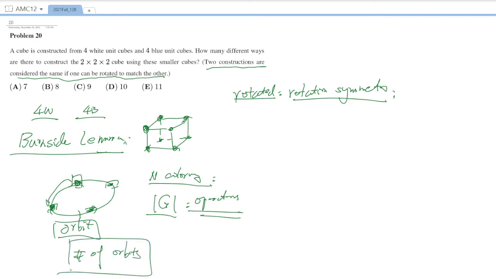Burnside's lemma basically tells us, for each element here, there are some operators, for example operator 1 and operator 2. Based on operator 1 and operator 2, this point will come back to itself. This is called a stabilizer. So we are counting the number of stabilizers within a whole orbit.